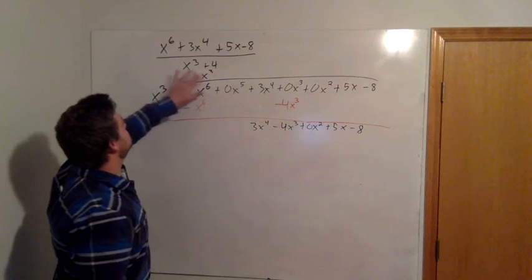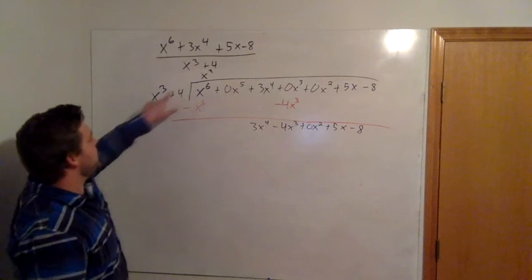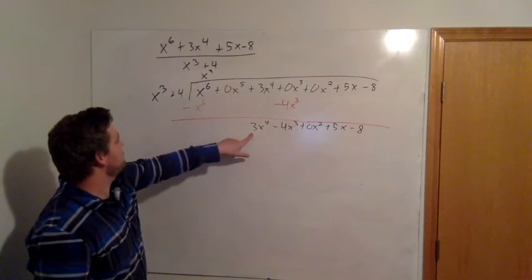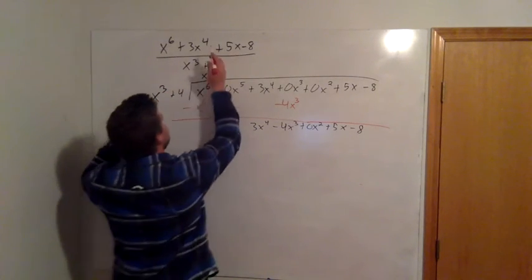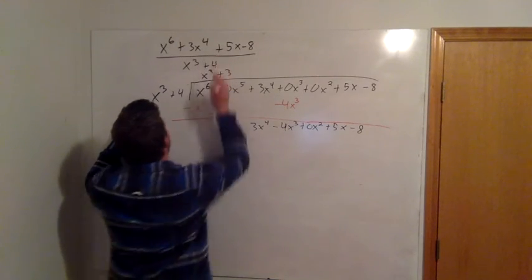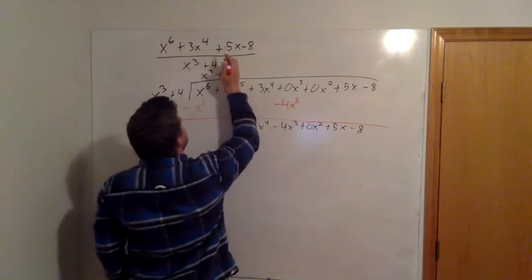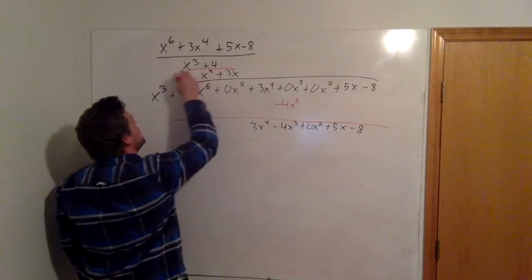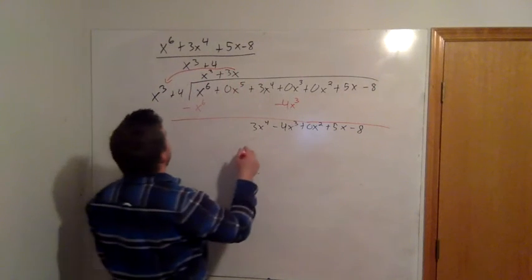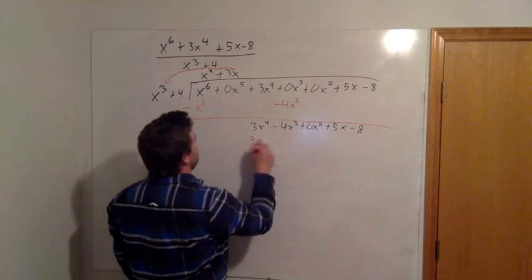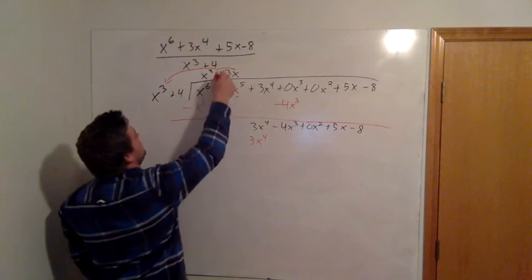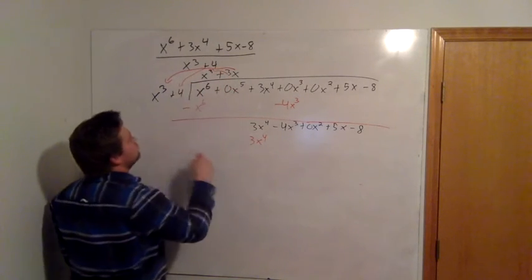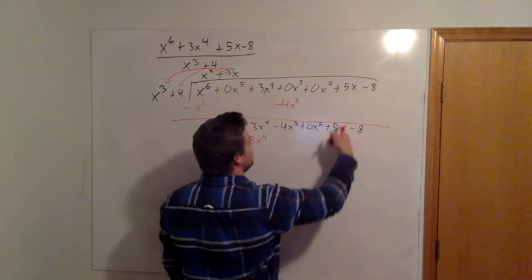Okay. So what do I need to multiply x cubed by to get a 3x to the 4th? Looks like I'm missing a 3 and an extra x. So I'll do 3x times x cubed, so I will get a 3x to the 4th. And then I'll get a 3x times 4, so I'll get a 12x, and I'll line that up under the x spots.